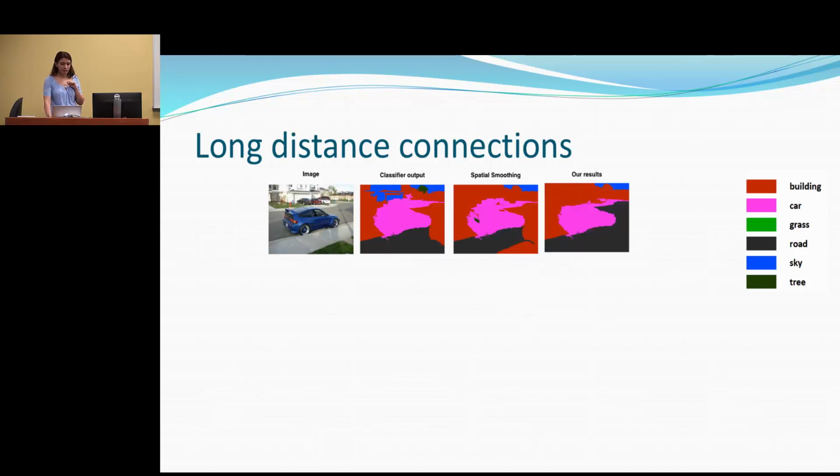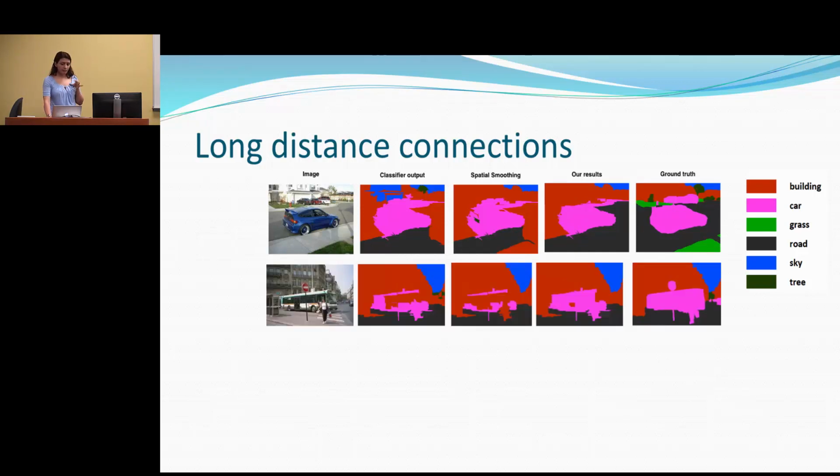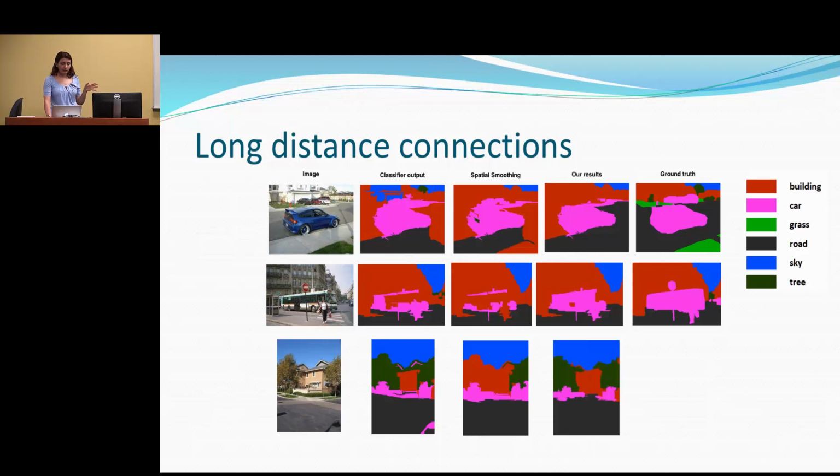Instead of building, this is road, and it's closer to the ground truth. These are some examples. For example, here again the spatial smoothing smooths out the tree on the left, but we can preserve it and avoid over-smoothing.